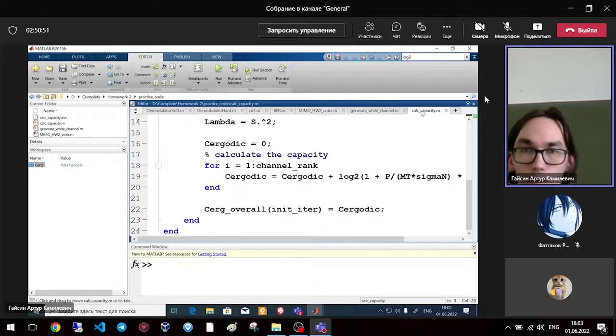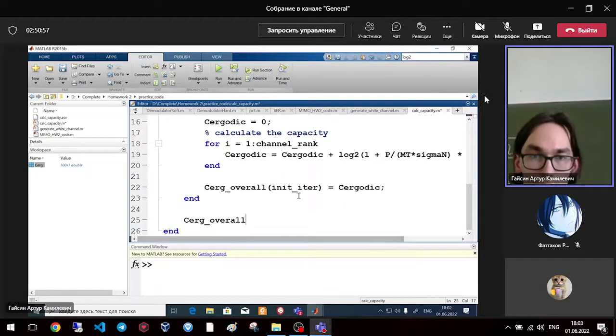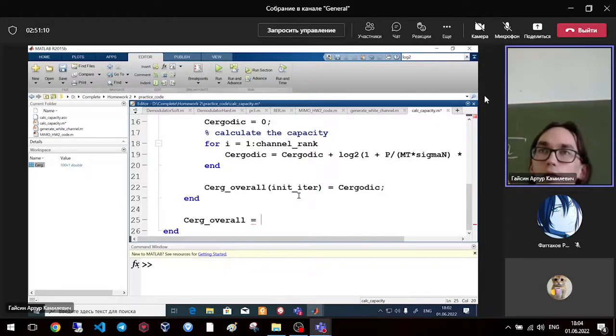So let's, yes, change this C ergodic overall as, I think we can use the mean value because it is the summation of all values and dividing it by the number of it. But maybe check it because it is really interesting case.